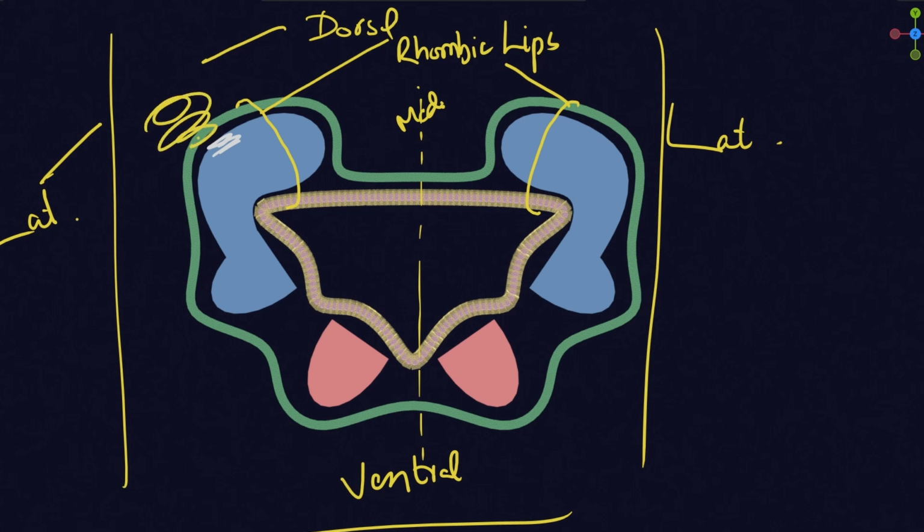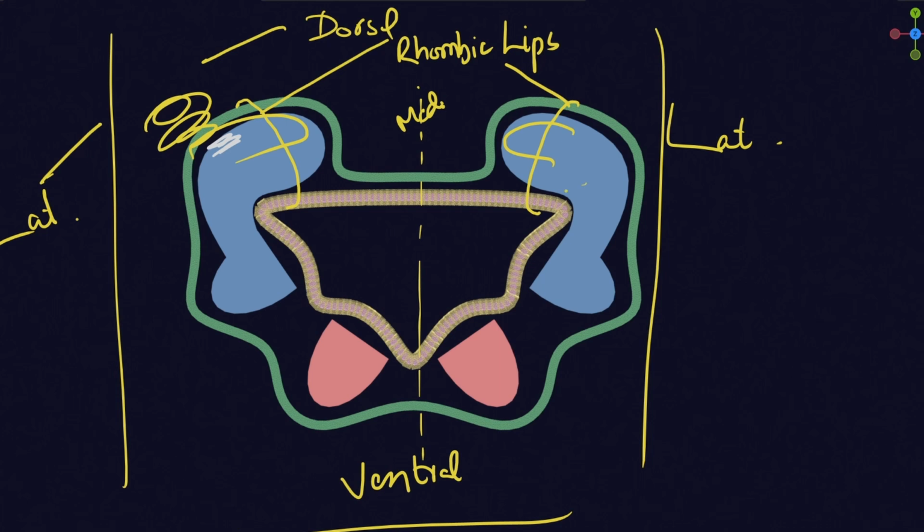So this end is the dorsolateral end, and this is also the dorsolateral end. So in textbooks they say that the rhombic lips are formed by a thickened dorsolateral part of the alar plate of the metencephalon part of rhombencephalon. So now you really understood this statement.